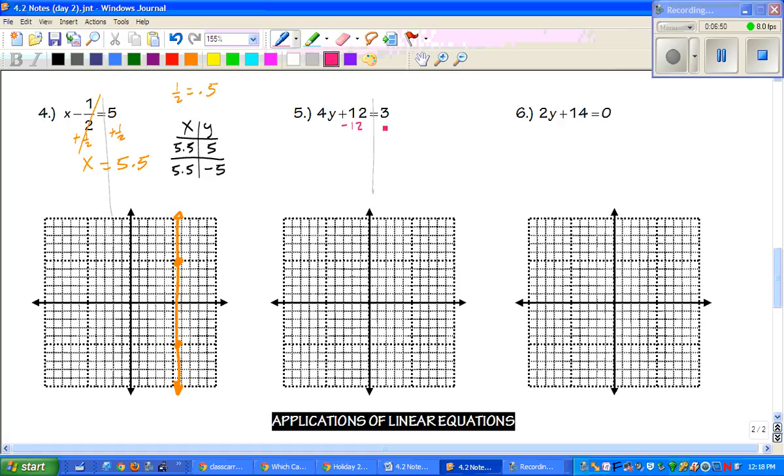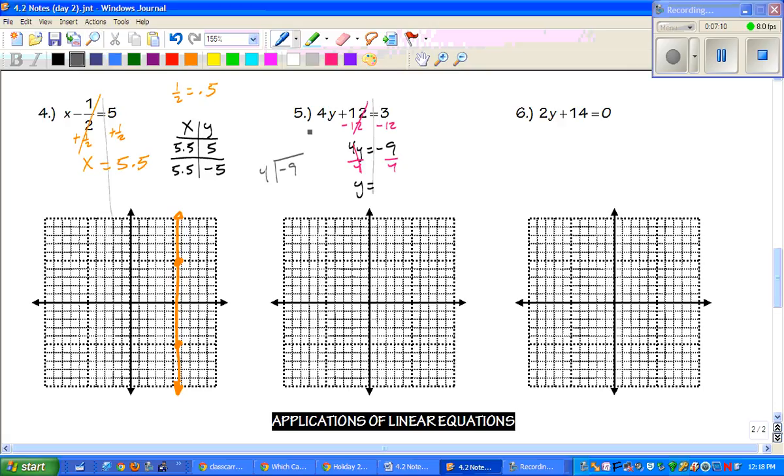All right, so we have to solve for y by subtracting 12 from both sides, and you get 4y equals negative 9. Divide both sides by 4, and we get y equals, let's do this on the side real quick.